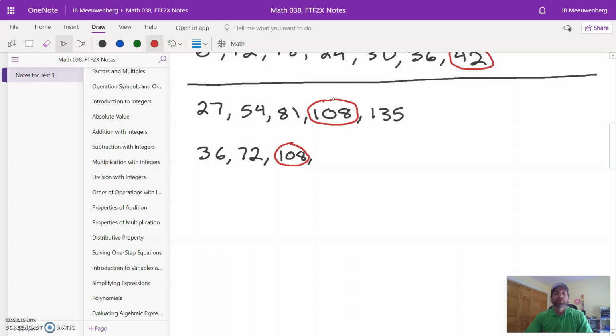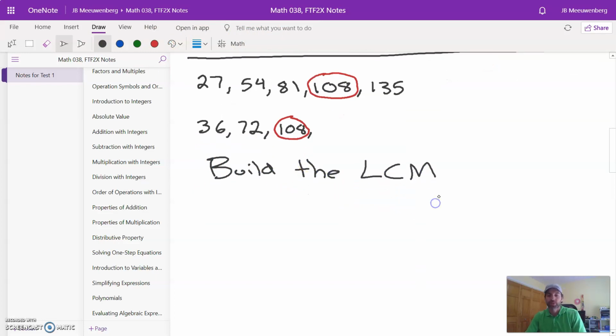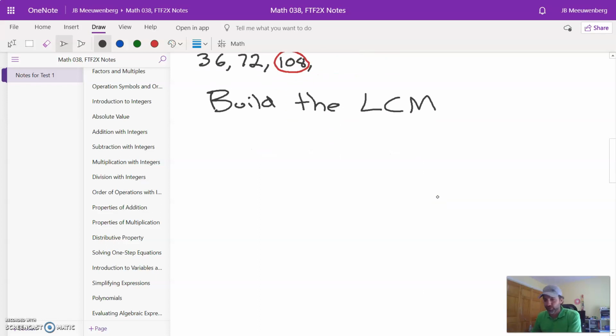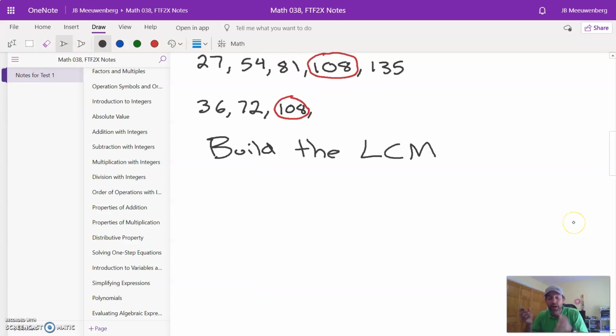So I'm going to give you an alternate method. What we're going to do is build the least common multiple, build the LCM. So this does take steps, and if you're a step person, you're going to like this. If you remember our conversation about prime numbers and prime factorizations, every composite number is composed of smaller prime numbers, and every number has its own unique prime factorization.